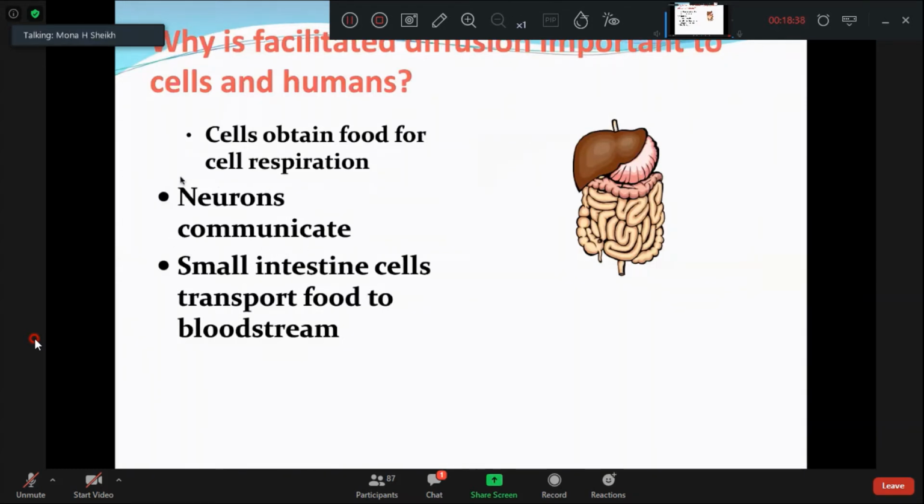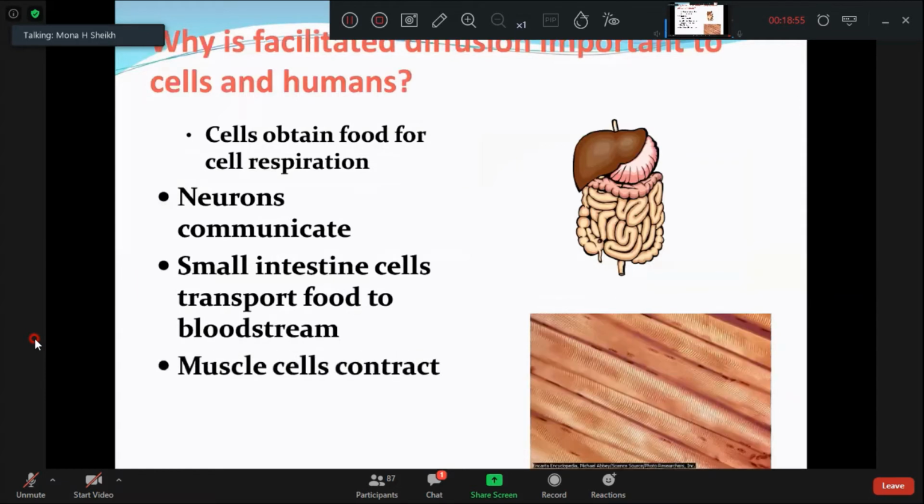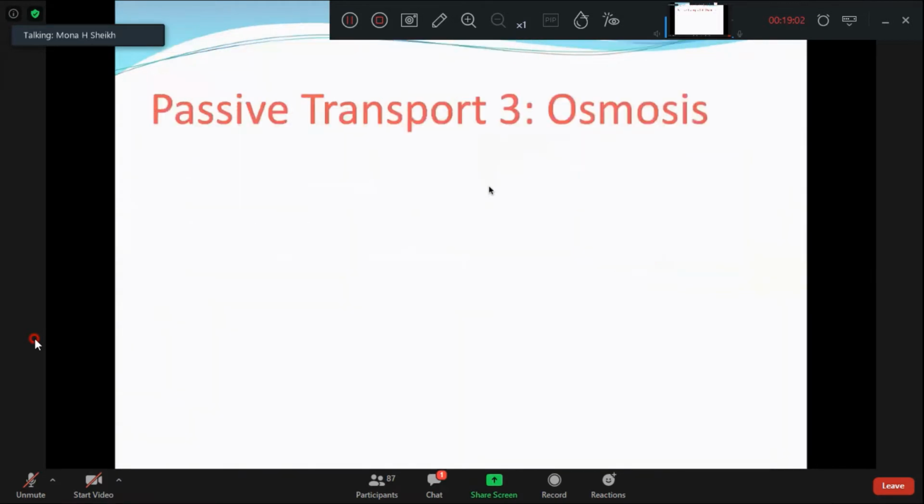You will take 8 lectures on the central nervous system, and we'll talk about neurotransmitters, which are messengers between neurons. In the small intestine, we can transport food, which you have already digested, from the cells to the bloodstream, to make use of it. In the muscles, we can allow muscles to contract by this kind of facilitated diffusion.